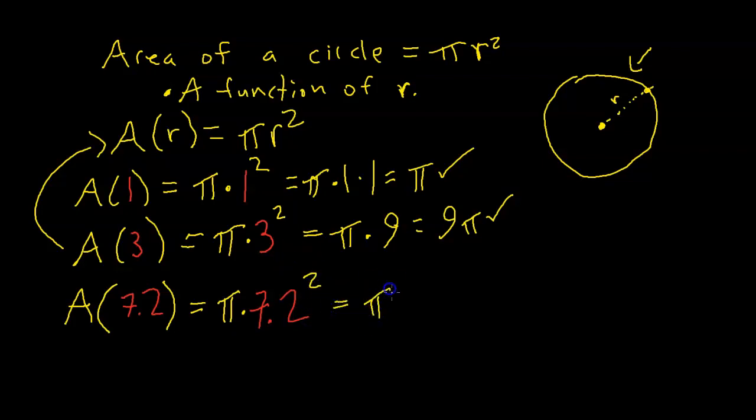So that's just pi times 7.2 squared, which is 7.2 times 7.2. We're going to get pi times 51.84, which we can write as 51.84 pi.